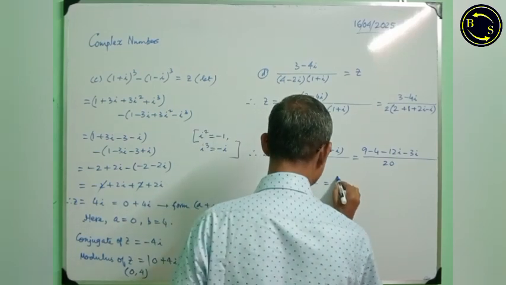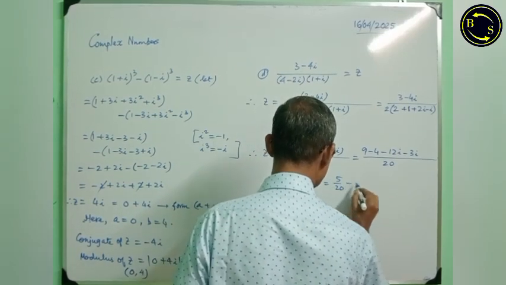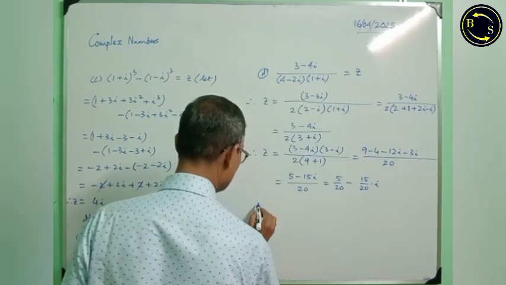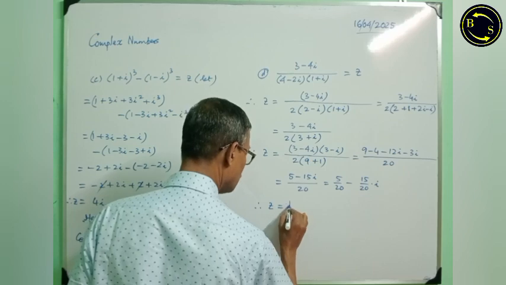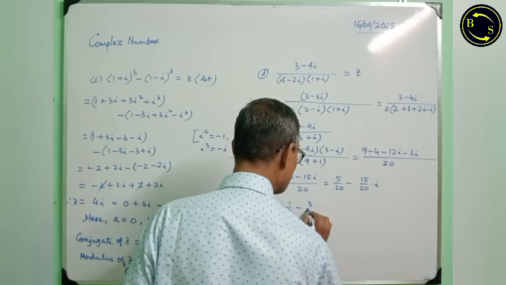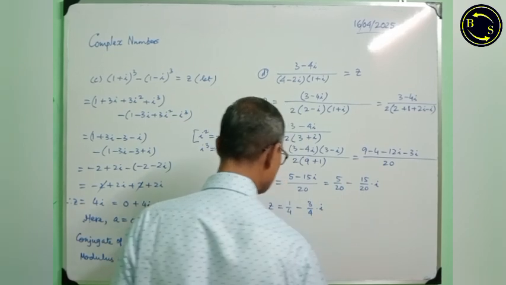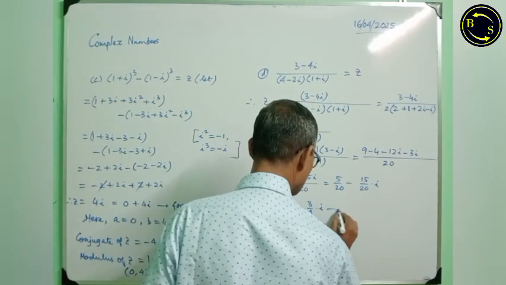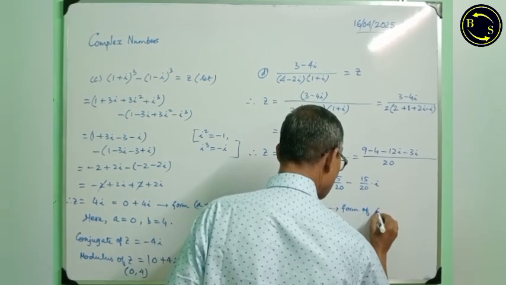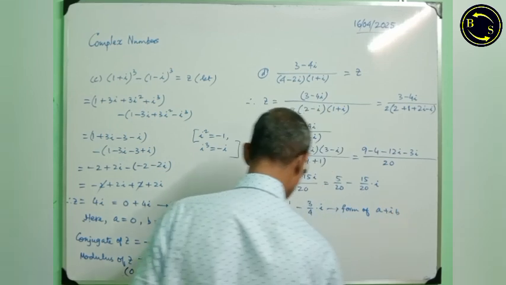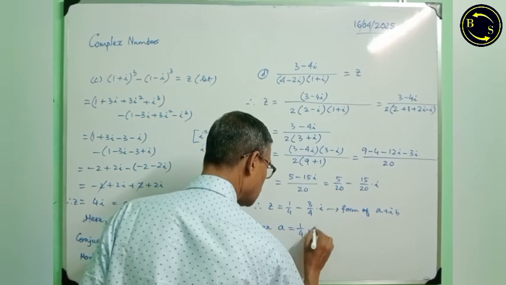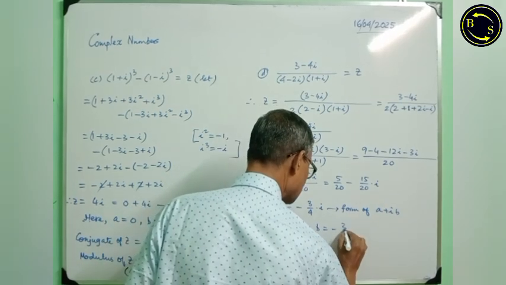That is equal to 5 by 20 minus 15 by 20 into i. Therefore, z equal to 1 by 4 minus 3 by 4 into i. Form of a plus ib. Here a is equal to 1 by 4, b equal to minus 3 by 4.